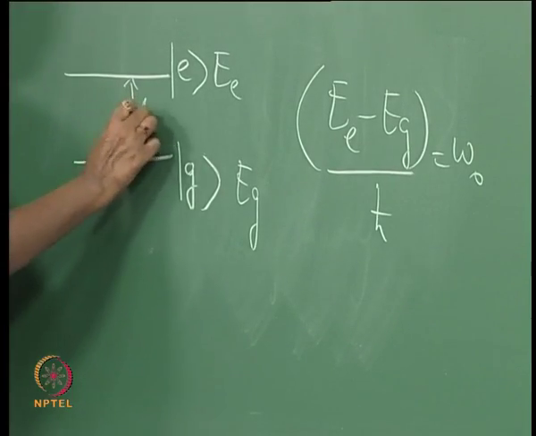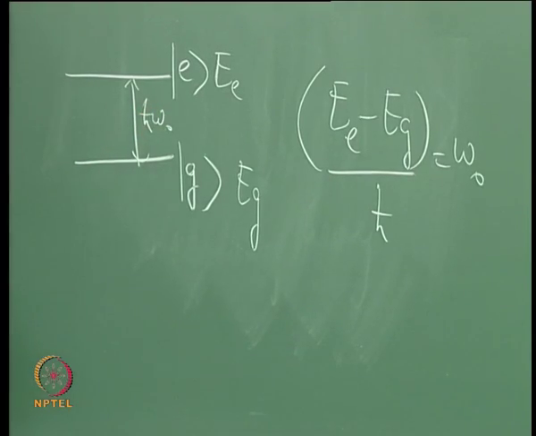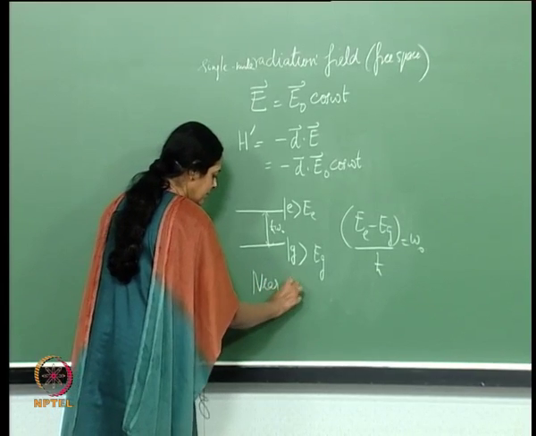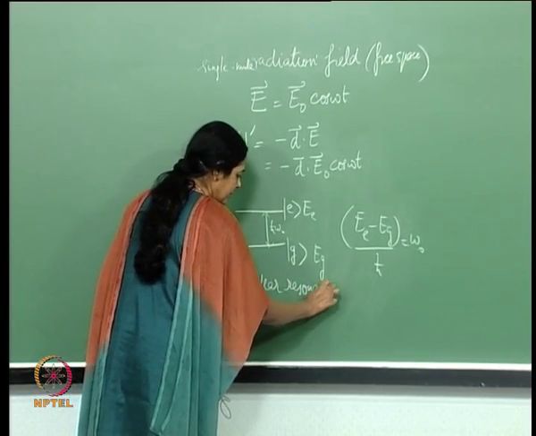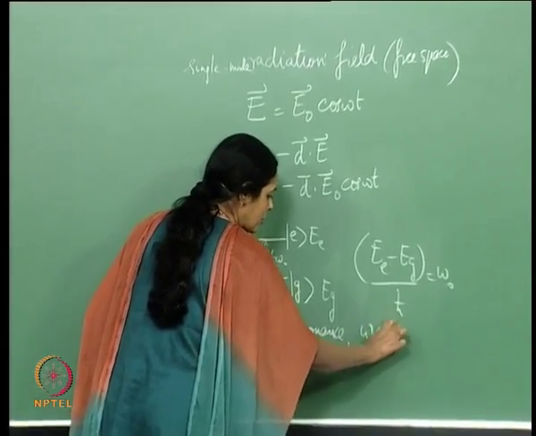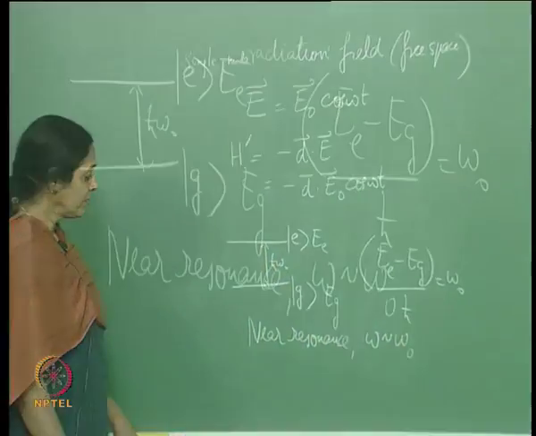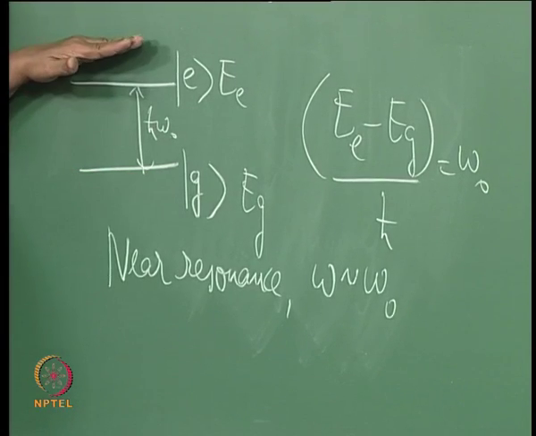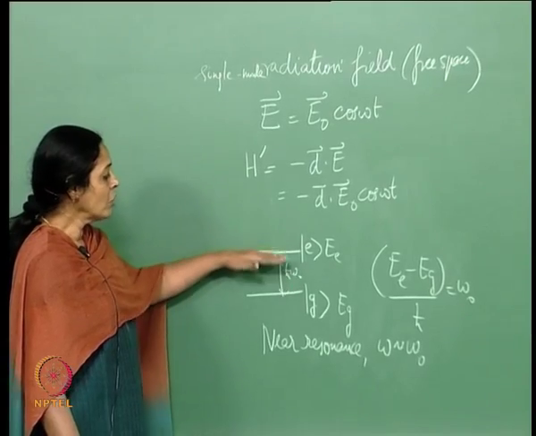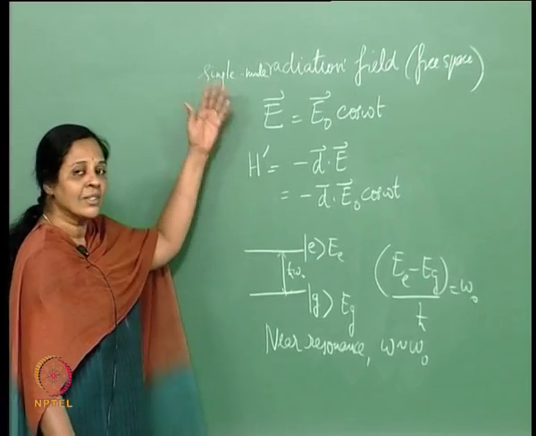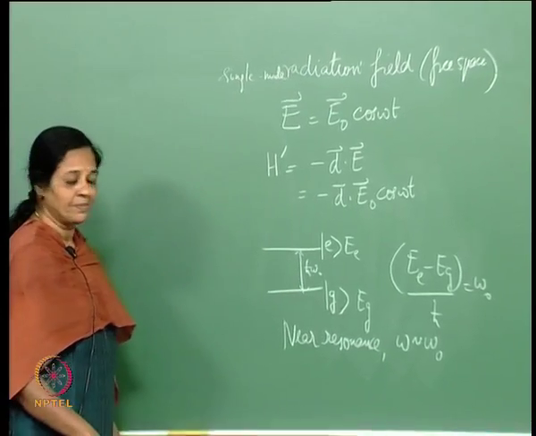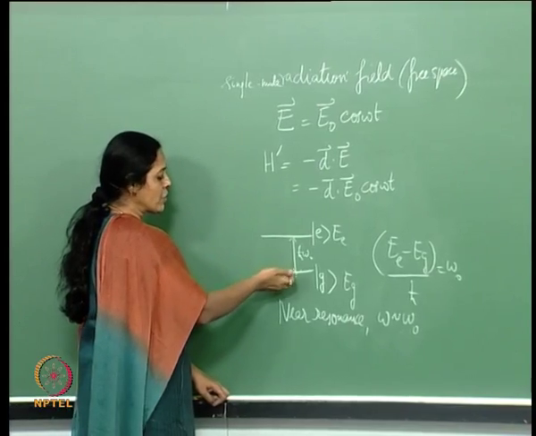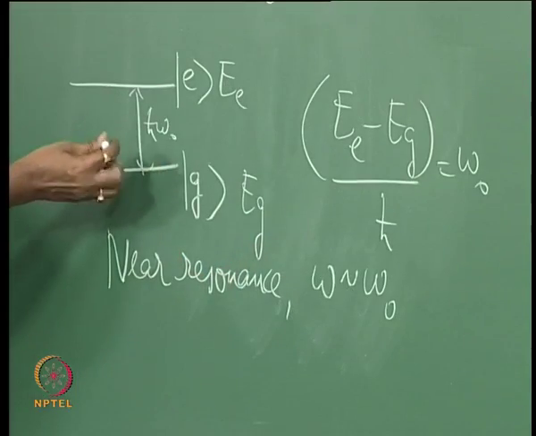So, this energy difference is H cross omega naught, and near resonance, that means omega approximately equal to omega naught, the population in the ground state just moves up only to this level, and the other levels can all be forgotten. This is not a perturbation.